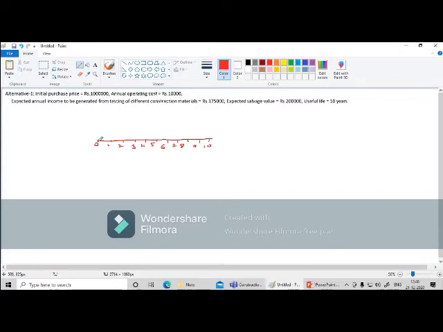Purchasing, the company is spending money, so it is a cash outflow. How much is it? It is 10 lakhs outflow. So I'll represent it as an arrow downwards, 10 lakhs, cash outflow.